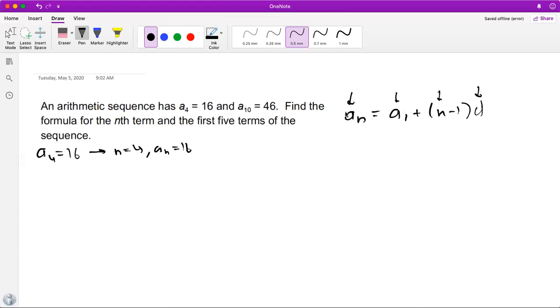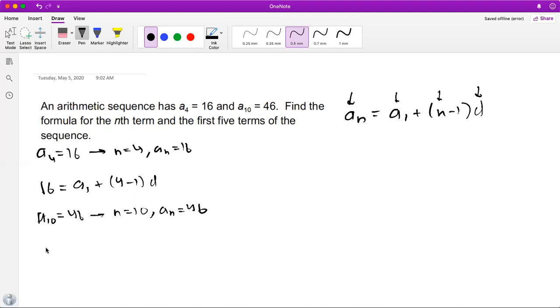When A sub n is 16, so 16 equals A1, which I don't know, plus n is 4, so 4 minus 1 times the common difference. Remember, the 2 things I needed, A1 and D, are still in here. And using the same logic, if A10 is 46, that implies that when n is 10, A sub n is 46.